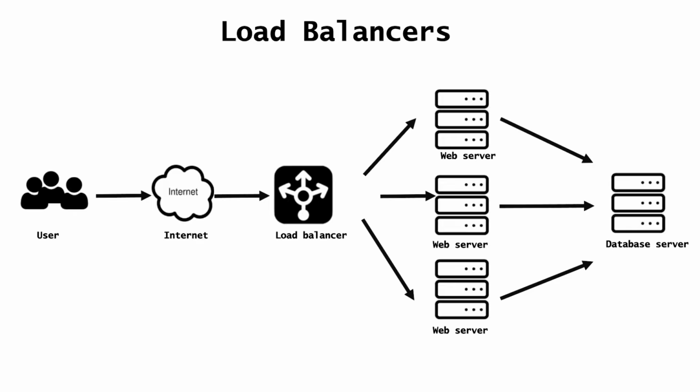The load balancer then decides which server should handle that request and forwards it there. If one server crashes, the load balancer instantly detects it and redirects all new requests to the healthy servers, keeping your system online and your users happy. Under the hood, load balancers use different algorithms to decide where to send traffic.